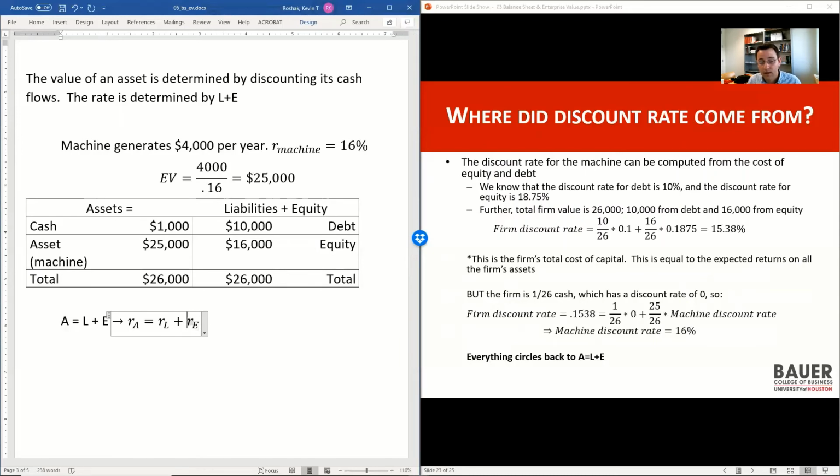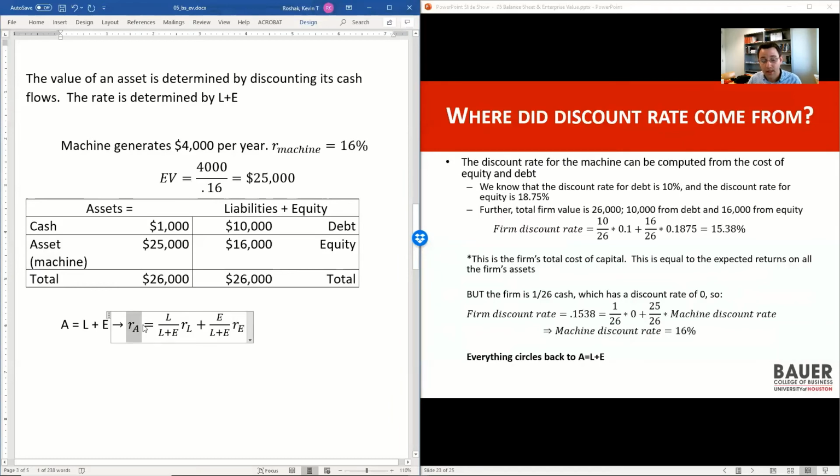Okay. Now, it's not quite right. What we have to do is weight by how much of the company is owned by debt holders versus equity holders. So this is how you divvy up the returns from the assets. The debt holders are getting some return, RL. The equity holders are getting RE. How do you divide RA into those two pieces?